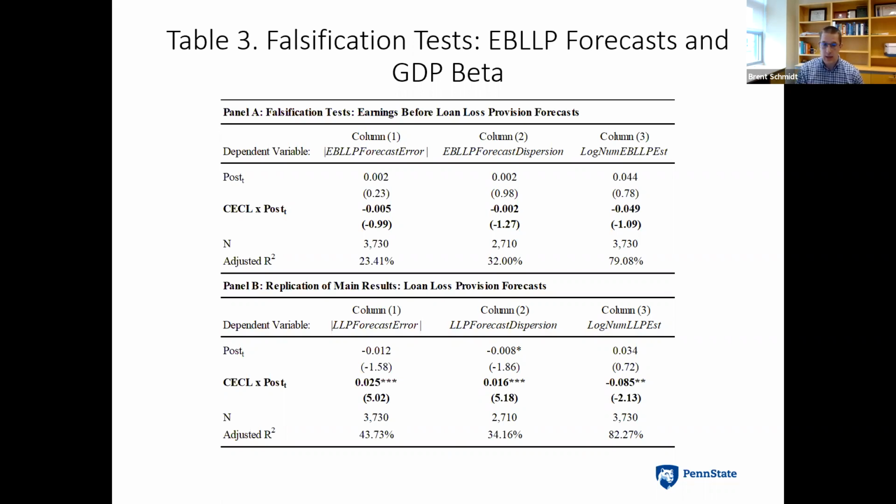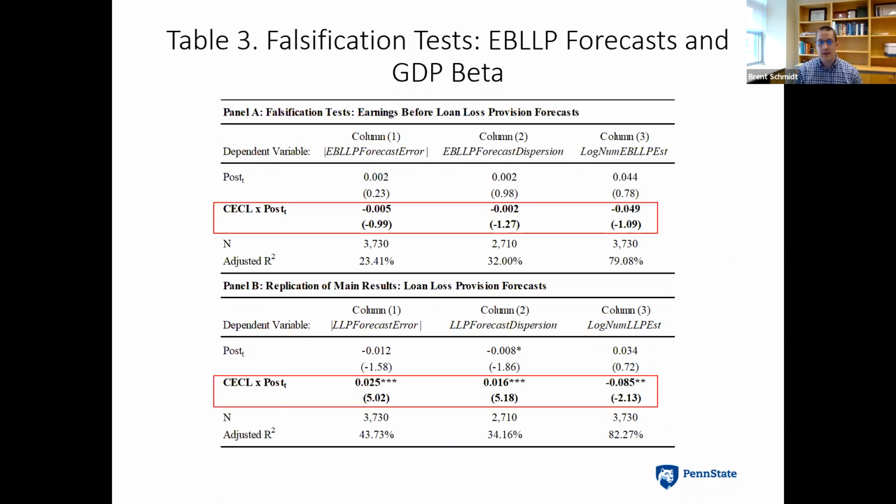And we document in the current set of results that we don't find an effect for the earnings before the loan loss provision, which, when we think about CECL, really is all about how we estimate credit losses and should only affect the provision, but shouldn't directly affect other items like earnings before loan loss provision.